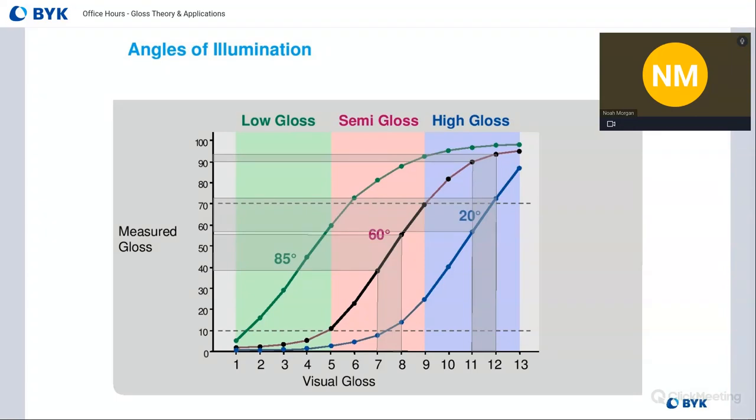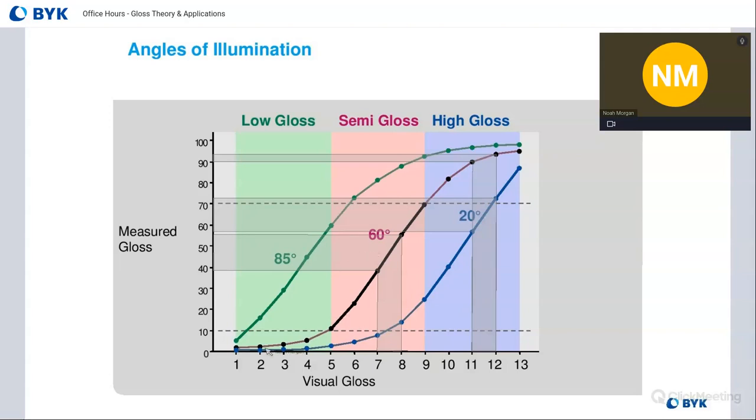Each of these step-ups has an equal distance from each other visually, so they look visually different. And what we see here is in the low gloss region, we're using an 85-degree gloss meter, and we see that it's a constant value change that goes up in this low gloss region.